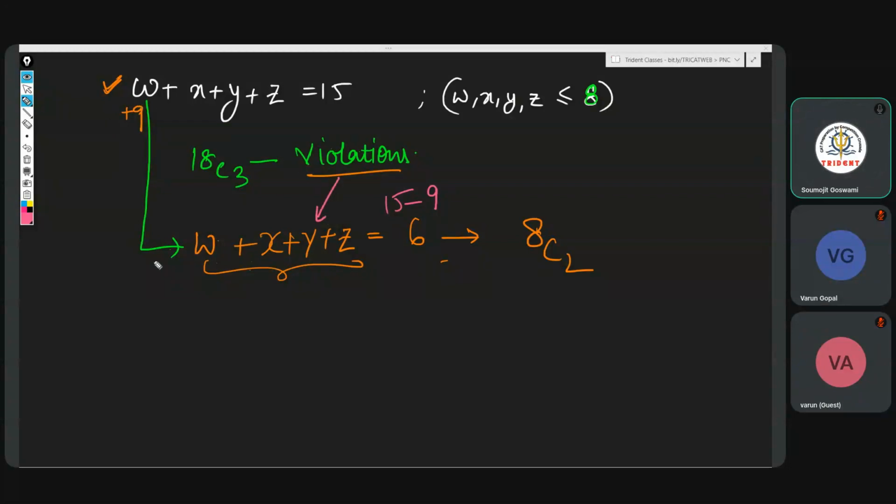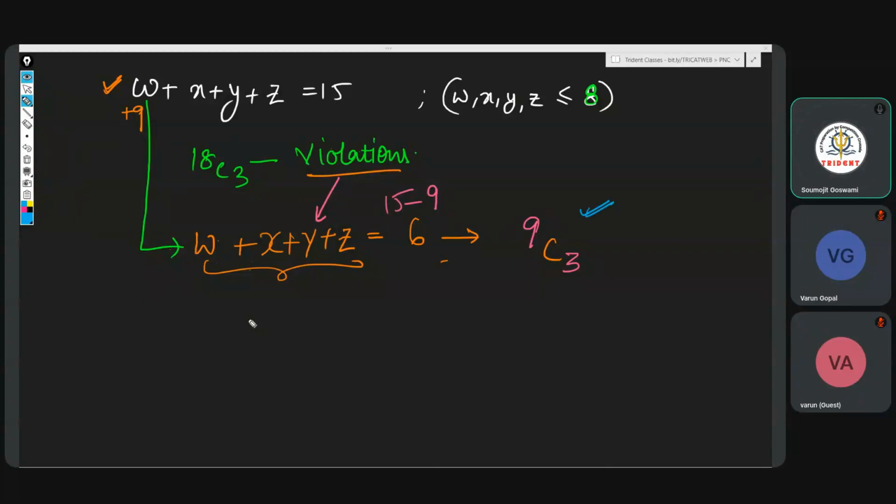We are in the category of violations now. Equation still remains W plus X plus Y plus Z equals 6, and this time it will be 9C3. Okay, this is perfectly correct. I was also getting a little confused, sorry for that, but this is perfectly correct.